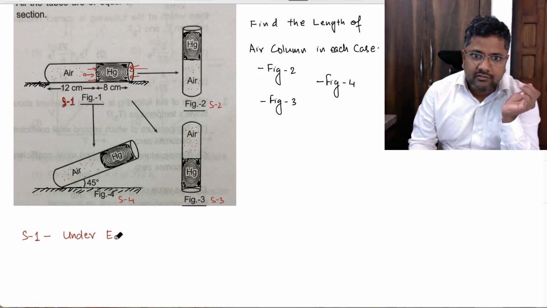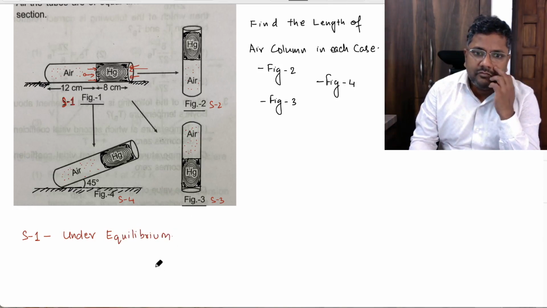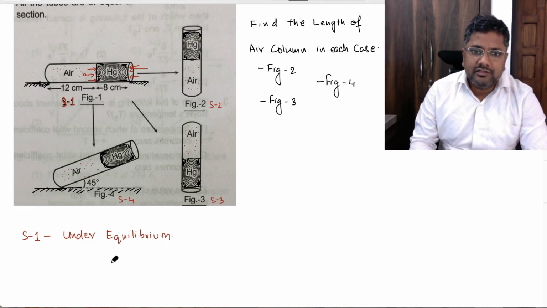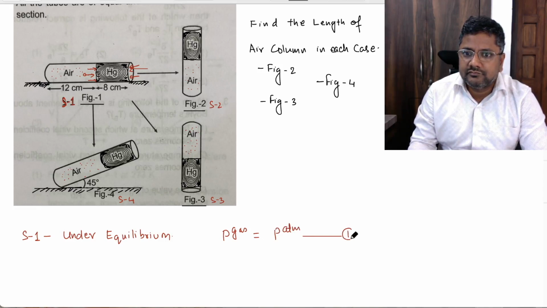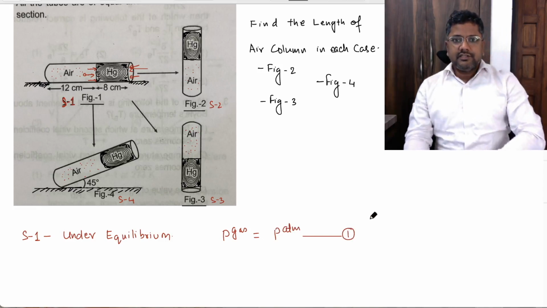So under equilibrium, in state 1, you can say that the pressure of gas is equal to the atmospheric pressure. Is it clear to everybody?